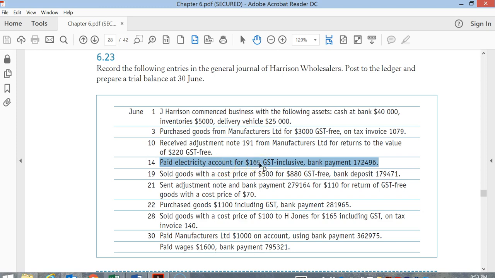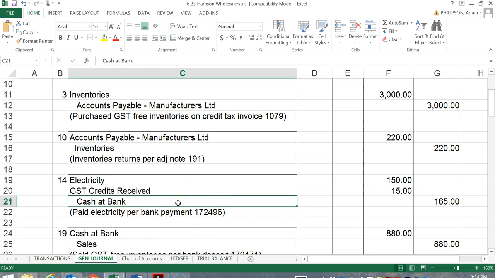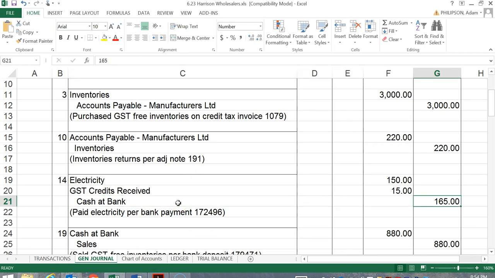Our three accounts, we identify them: electricity expense, debit; GST credits received, debit; and we're paying cash, so cash at bank will be our credit. The gross amount of the transaction is the amount that our bank account is going down, so that's $165.